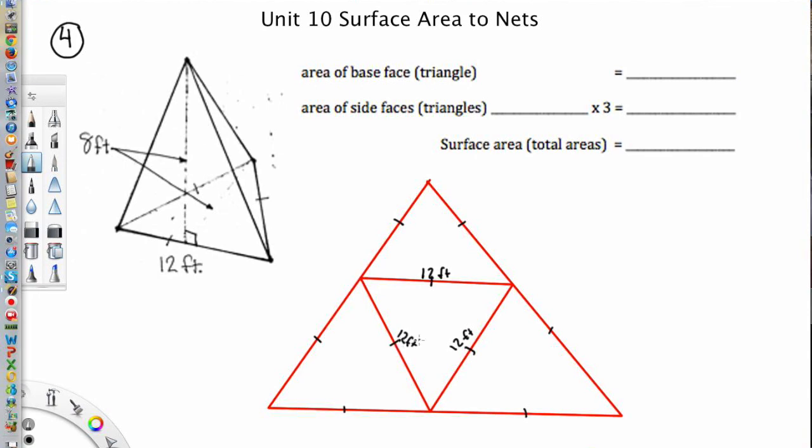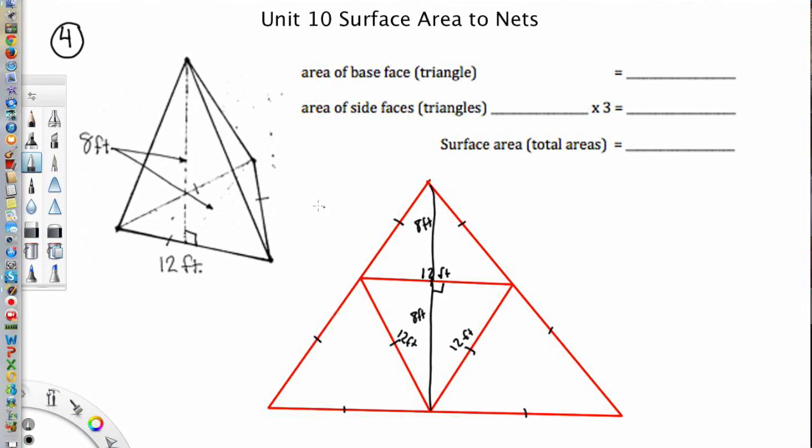And then it gives us one other piece of information. It tells us that the height, I'll have to do this upside down, the height is 8 feet for the base, and it also has a height of 8 feet as well for all these outside, because all these triangles are identical.